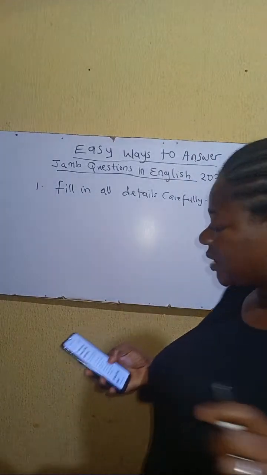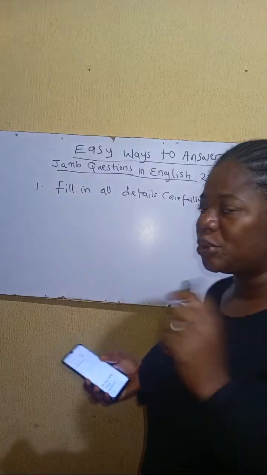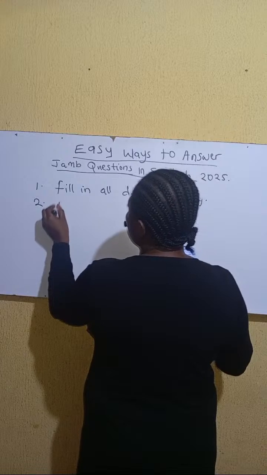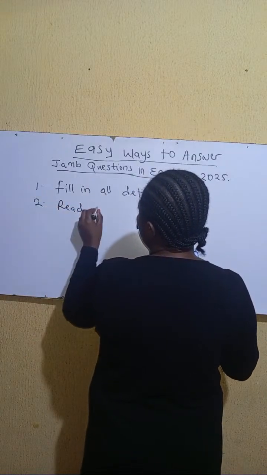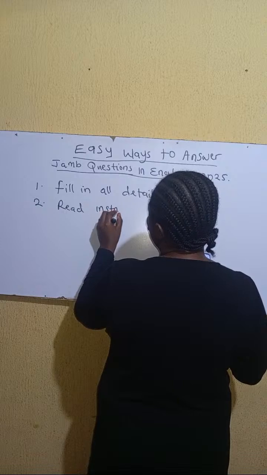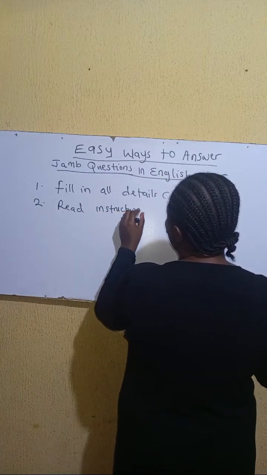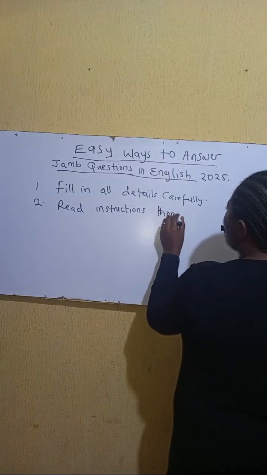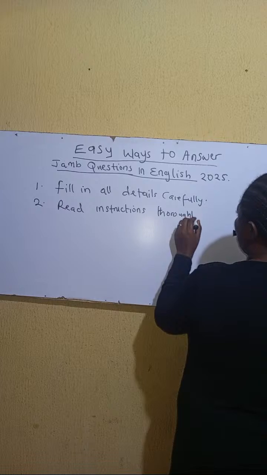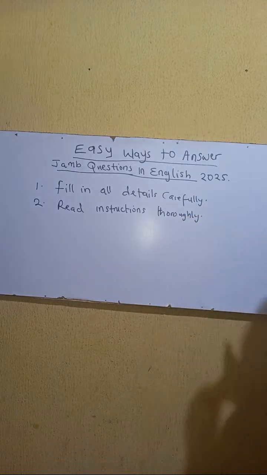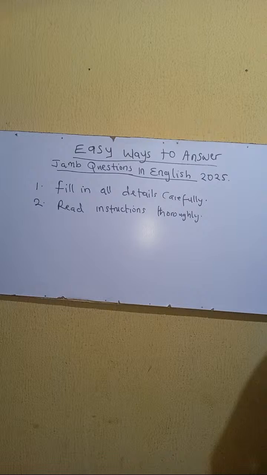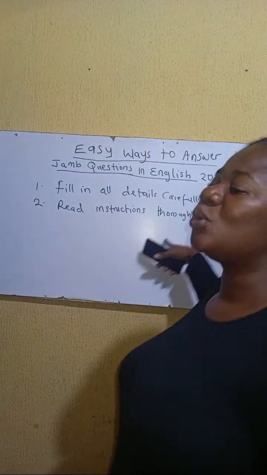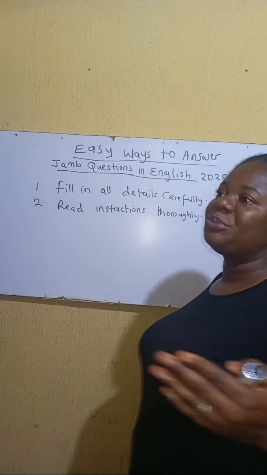So now that's the first thing you're going to do, and then the next thing you're supposed to do is read instructions thoroughly. Okay, now this is one of the things that looks so difficult for most people in exams.